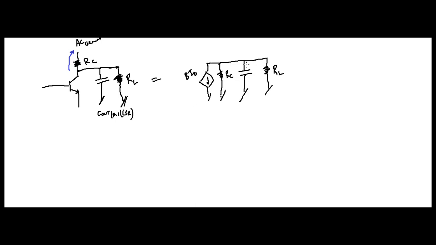Now, what we can do here is, since these are all tied together, let's just rearrange them, shall we? So what we're going to do is just take this capacitor, we'll move it over here. We're going to then take this load resistor, we're just going to put it right here.